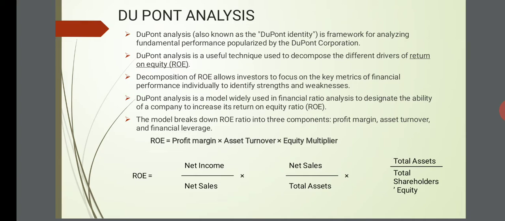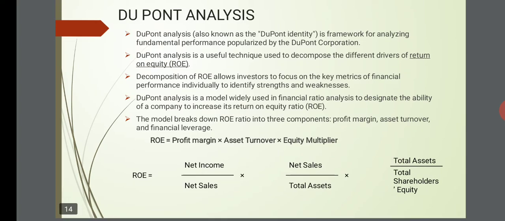Now let us look at equity multiplier. It says total asset upon total shareholders equity. It means what amount of asset have you made out of 1 rupees total shareholders equity. So if you made more assets with 1 rupees of shareholders equity, it will increase your ROE.